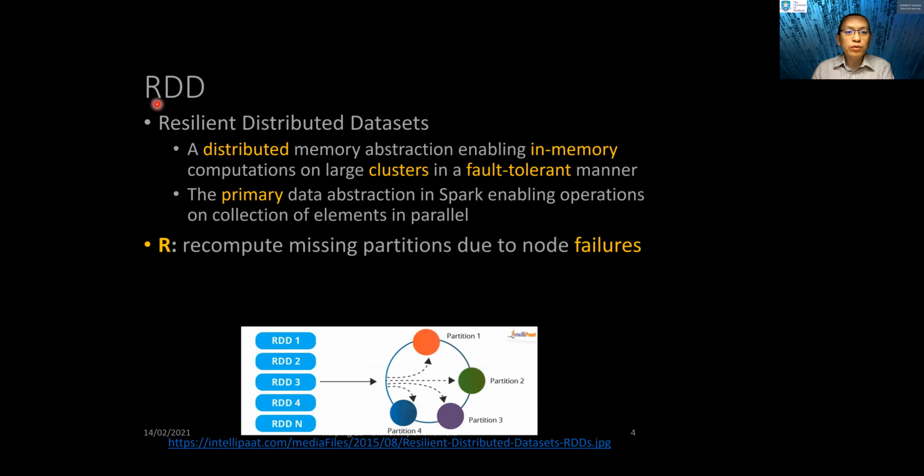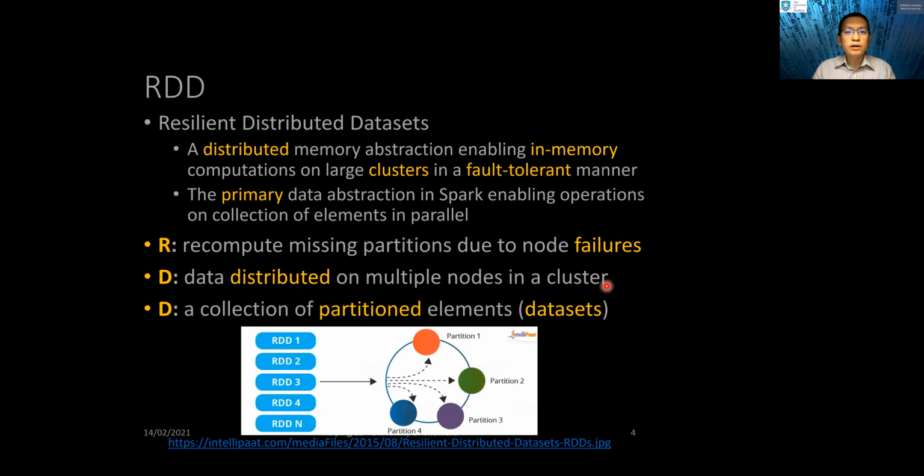And for the three words in RDD, the first, resilient, means to recompute missing partitions due to node failure. That means this RDD can recompute the missing partitions if one or some of the nodes fails in a cluster. And the second word, distributed, means the data are distributed on multiple nodes in a cluster.